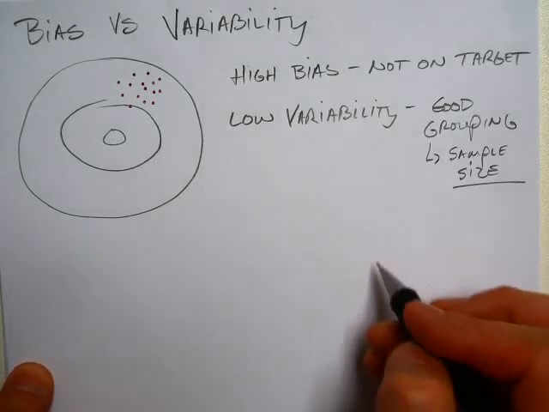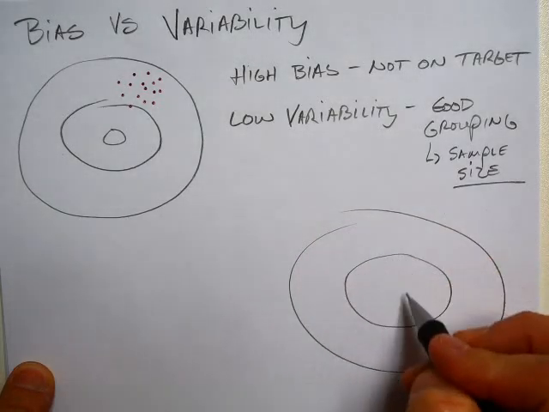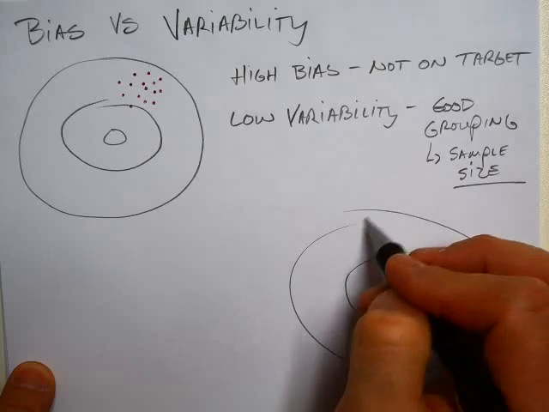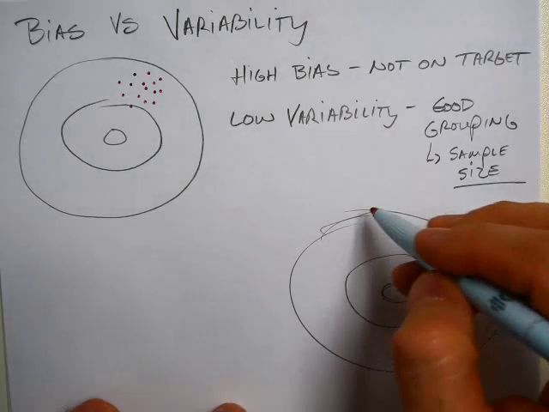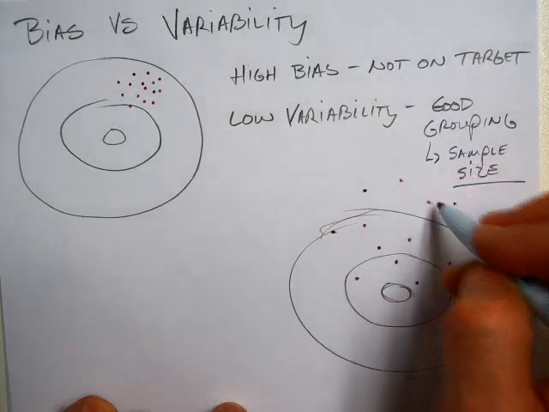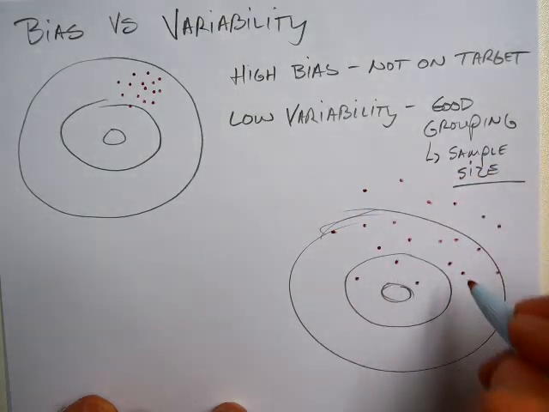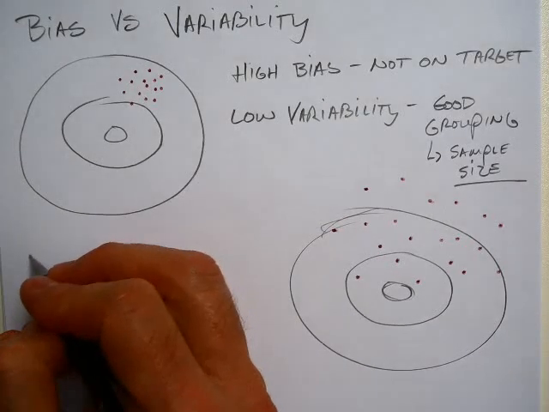All right, so let's say I have another target, and I take aim with my question or my darts, and it looks like this. So how's my bias?